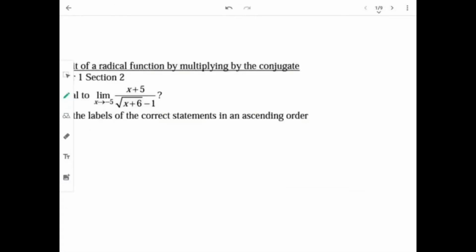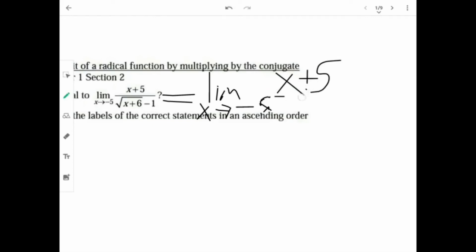Okay, so for question 3, again, you cannot substitute because it ends up being dividing by 0. So you have to simplify somehow. So this is equal to limit as x approaches minus 5 of x plus 5 over root x plus 6 minus 1.